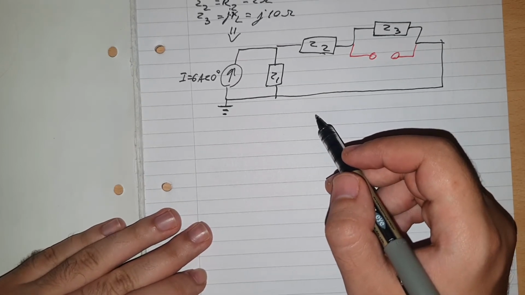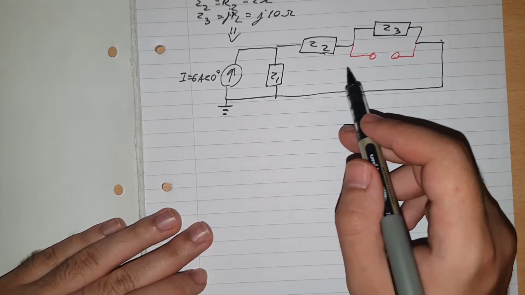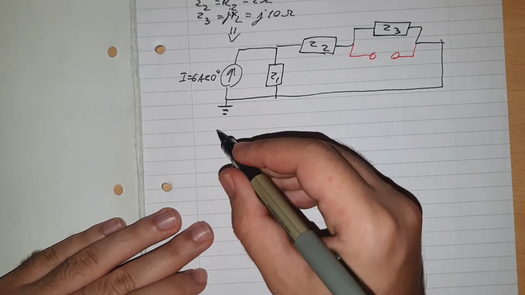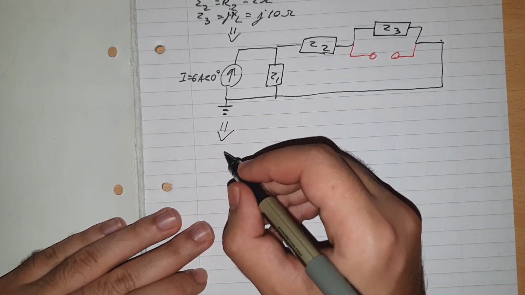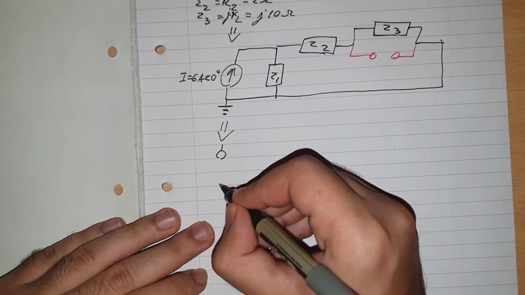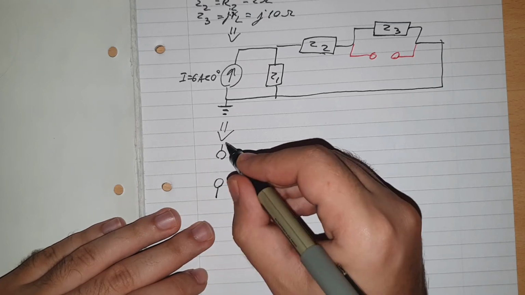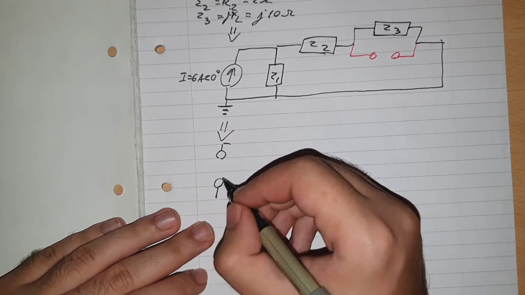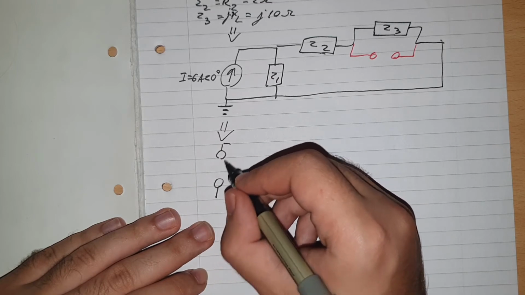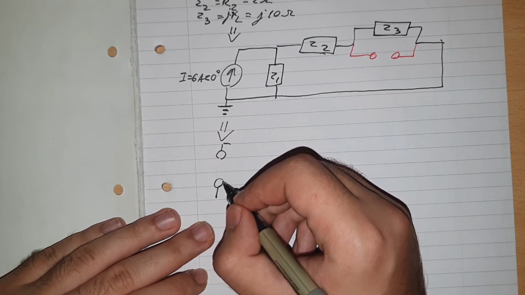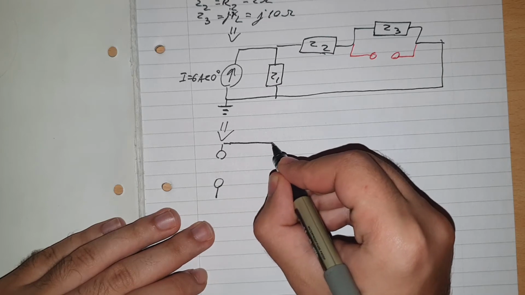So now we need to calculate their values. First off, we need to calculate the entire impedance. So then we can simplify the circuit as, remember, this will be an open circuit, because it's a current source, and current sources are open circuits. They are not short circuits like volt sources.